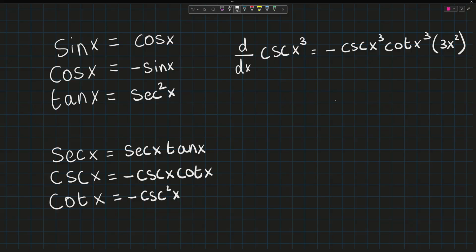Again, it's the same thing, so it's going to be very easy. All you have to do is, when you're taking the derivative of the outside function, you just substitute whatever was in here for x all the way through, and then multiply by the derivative of the inside.